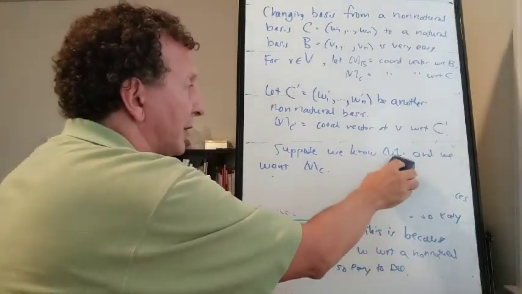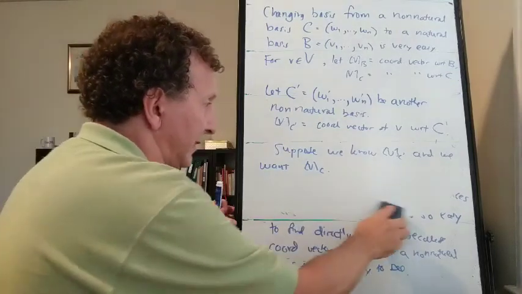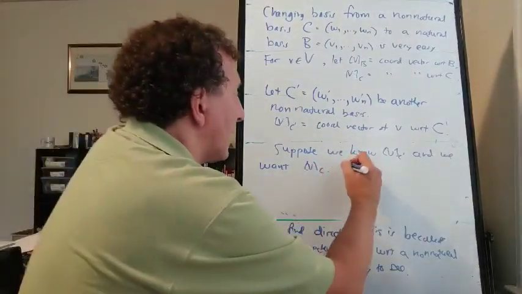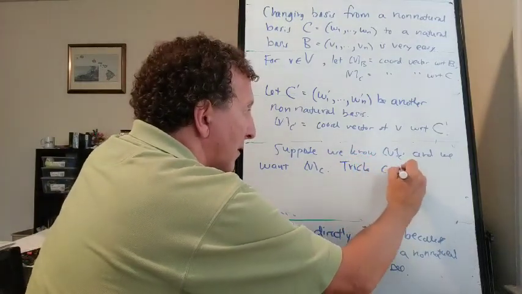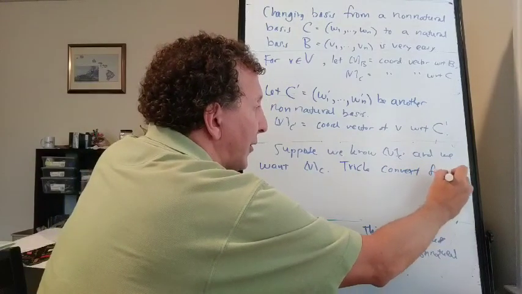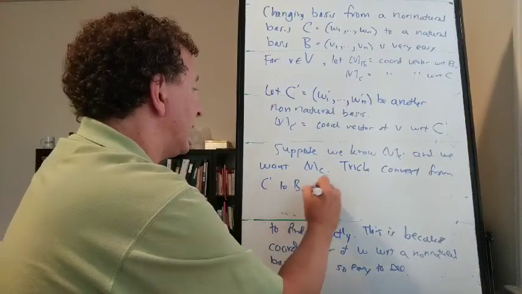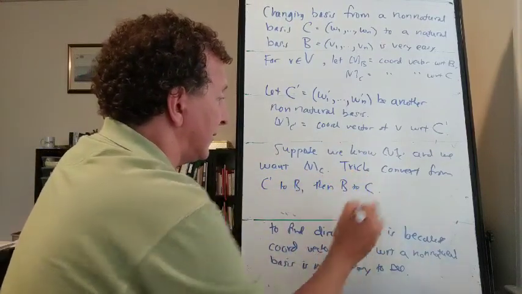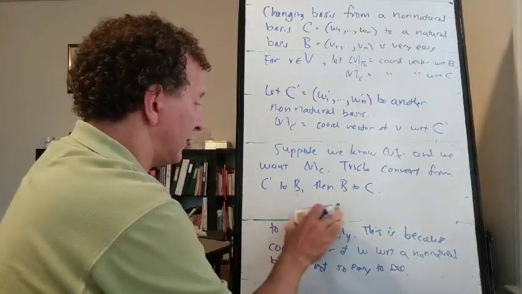So let's suppose we know the coordinate vector with respect to C prime and we want the coordinate vector with respect to C. So we'll convert from C prime to B and then B to C. So each of these conversions involves one natural basis.